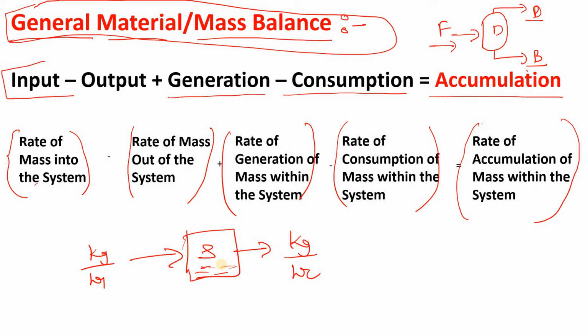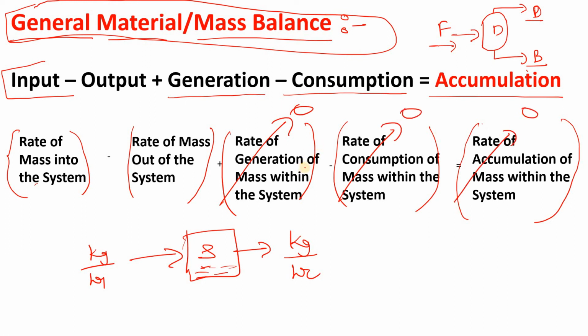Now on the basis of our problem, we can modify or arrange this equation. Suppose you have to write the material balance on steady state overall mass balance, then this equation will change. What will change? This will be 0, this will be 0, and this will be 0. Why?